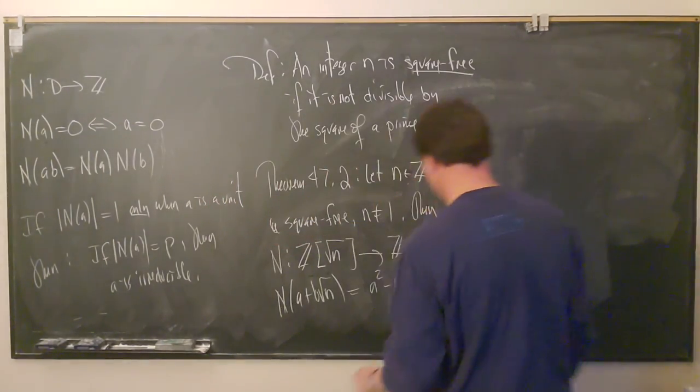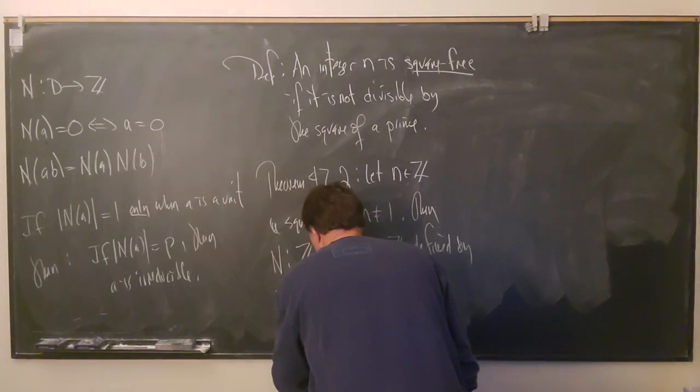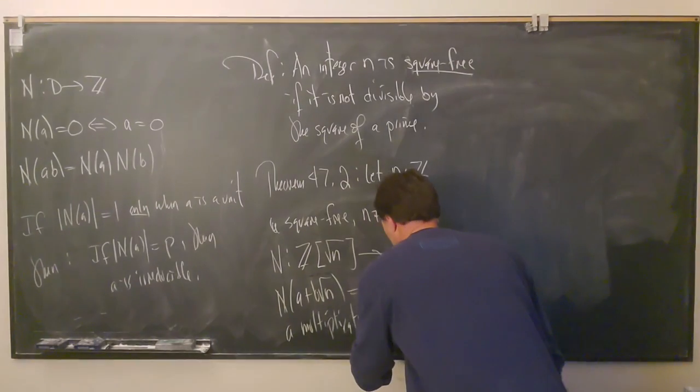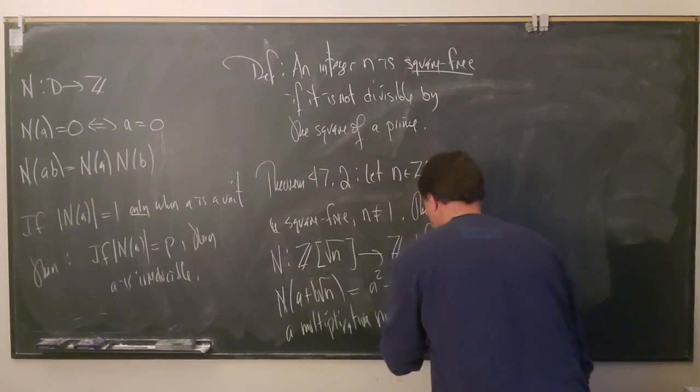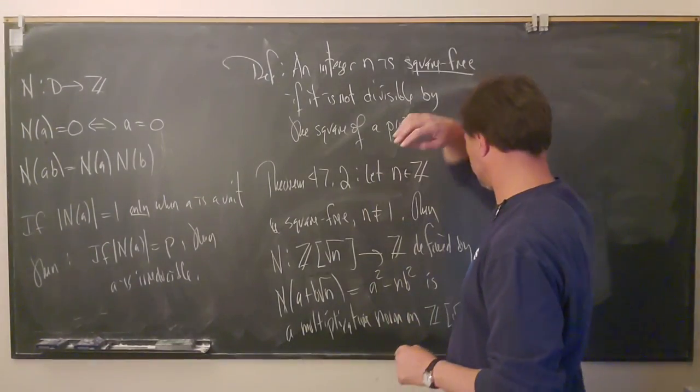This is a multiplicative norm on Z bracket square root of n.